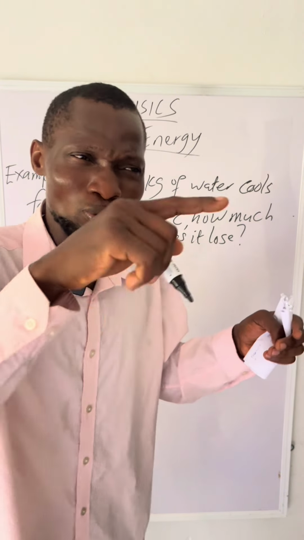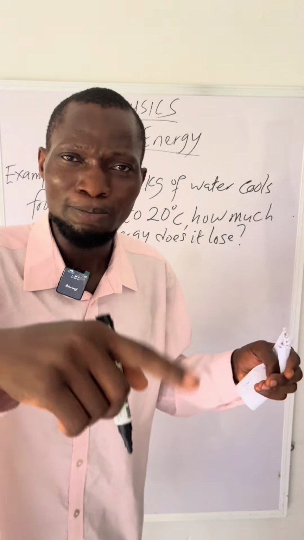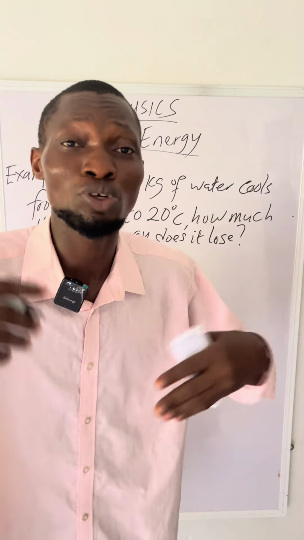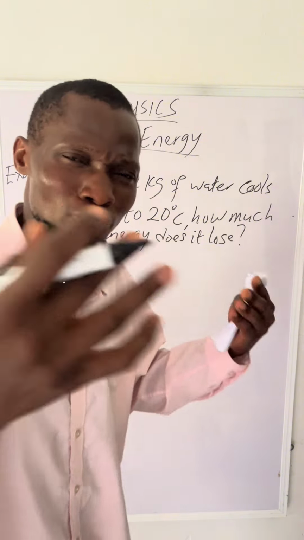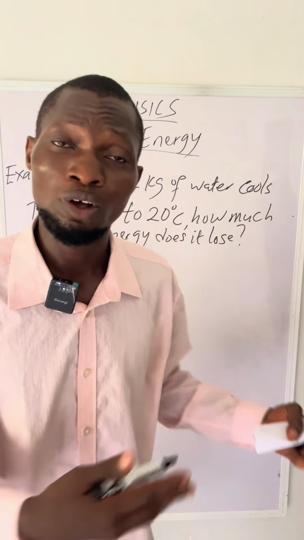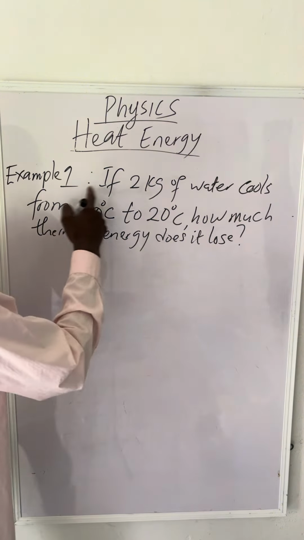Also, I can say Q is equal to thermal capacity times temperature change, or temperature difference, or temperature rise. So I'm going to write out my parameters to know which formula is going to be suitable for me.